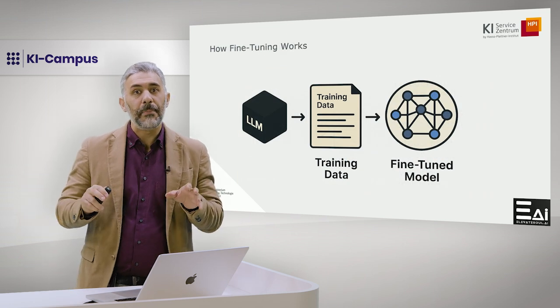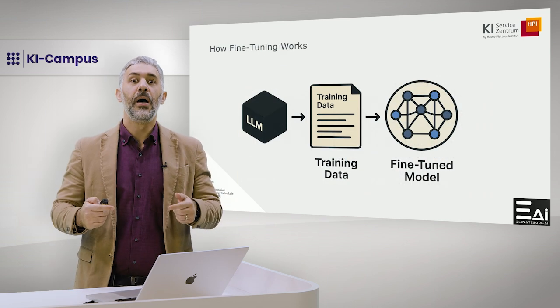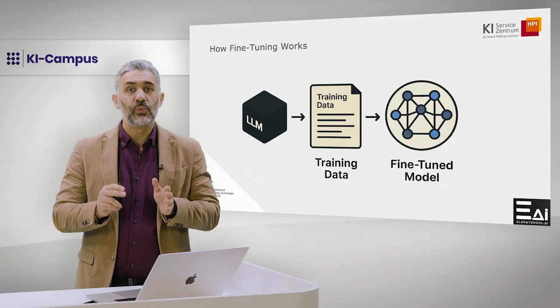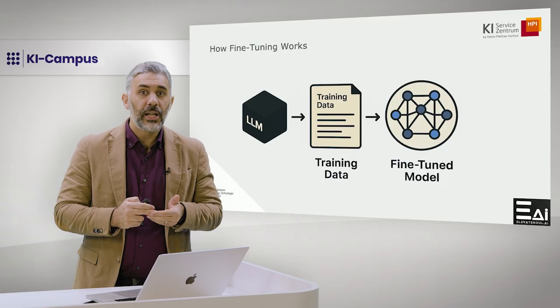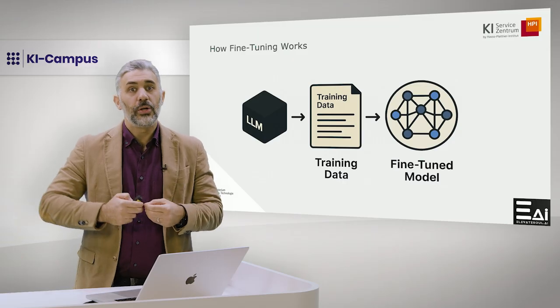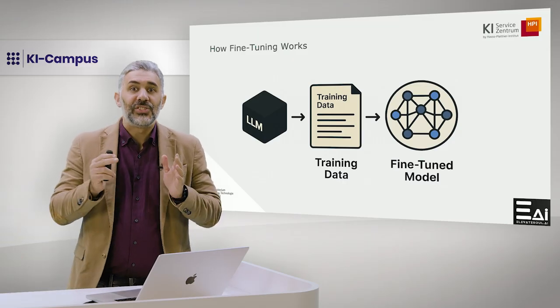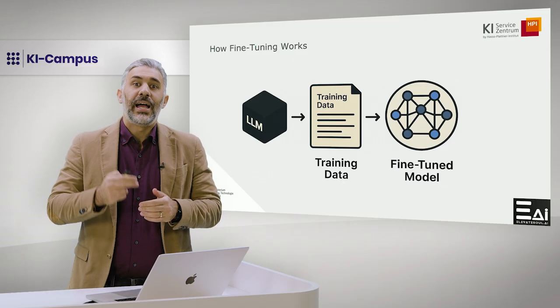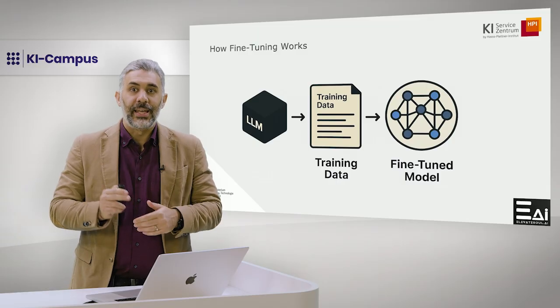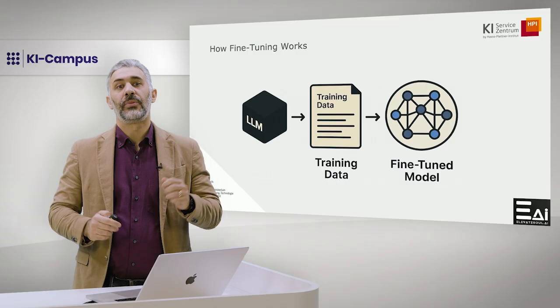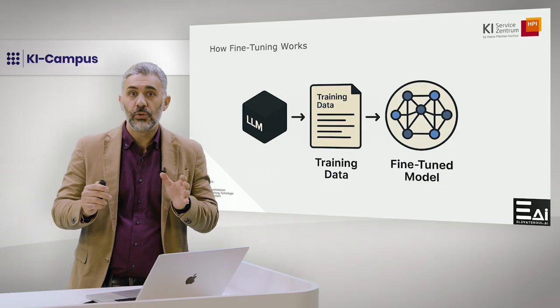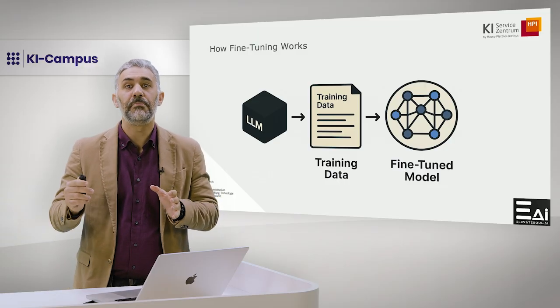Fine-tuning builds on top of a pre-trained LLM by adjusting its weights using a smaller focused dataset. Although the underlying optimization is similar to the original training, the scale is much smaller and the goal is more targeted. At a high level, the process has three steps. The first step is to start from a pre-trained base model.